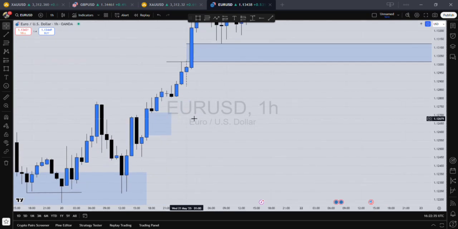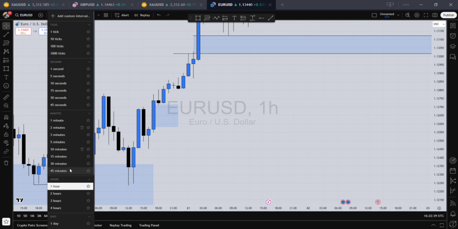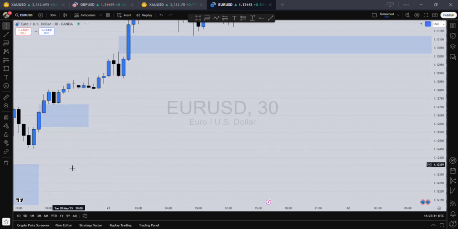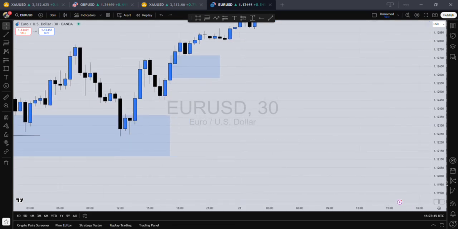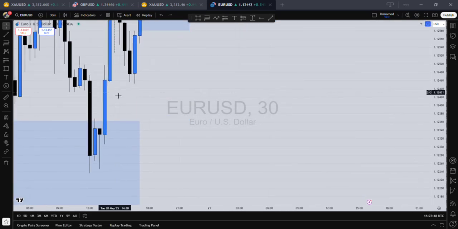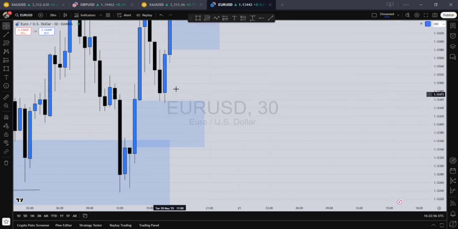For example, as my entry is 1 hour now, I can go to 30 minutes to check for my aggressiveness. Okay, you can see what happened here. Price created an aggressive candle that formed a fair value gap here, and then price used it as a buy continuation.